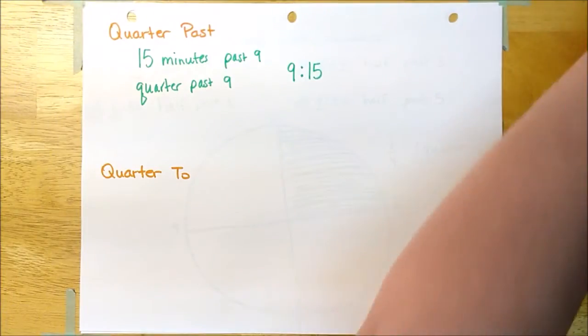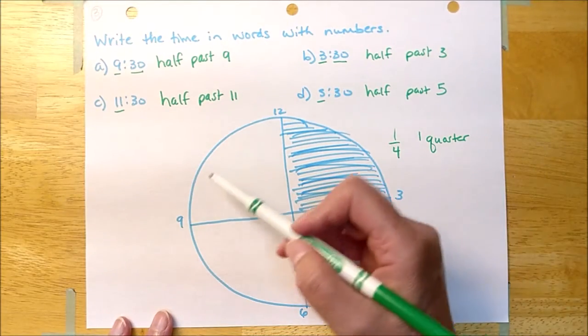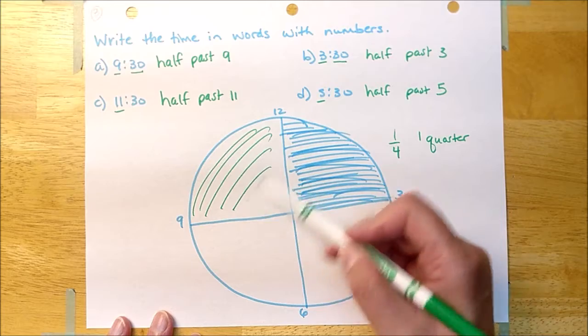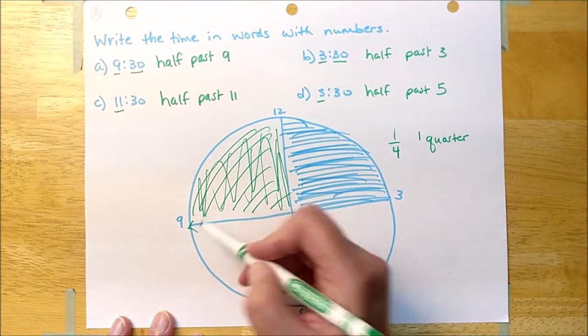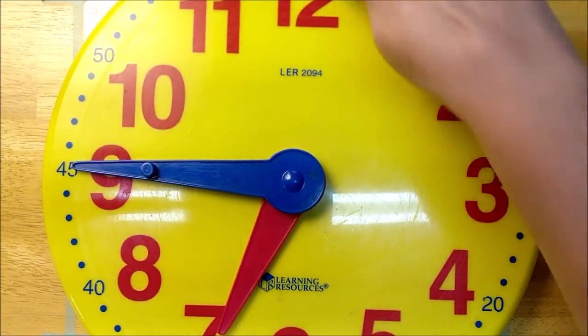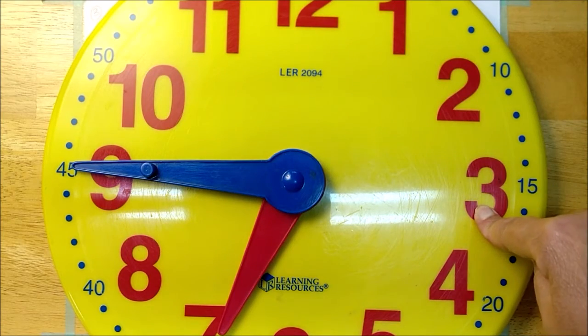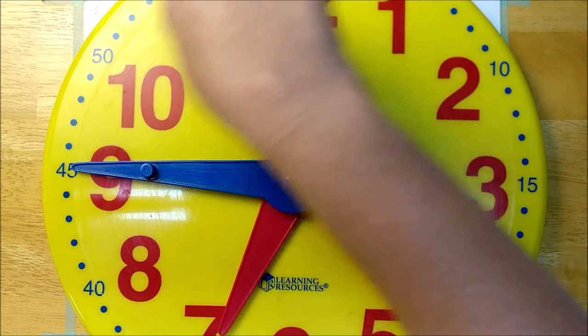So now when I am looking at my clock, I could say my clock now is pointing to the 9. So if it's pointing to the 9, this was 1/4 past. This one now has a 1/4 to go still.